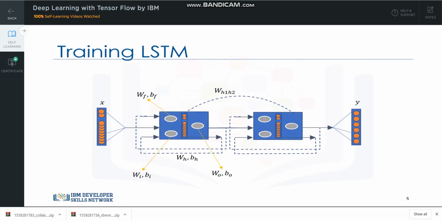Now, let's take a closer look at an LSTM network for modeling the language. In this network, we will use an RNN network with two stacked LSTM units. For training such a network, we have to pass each word of the sentence to the network and let the network generate an output.